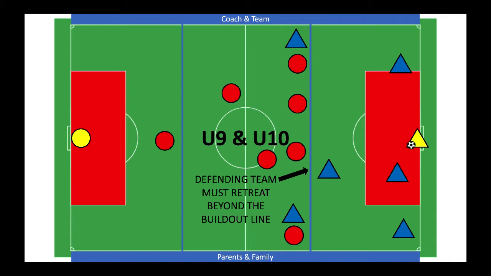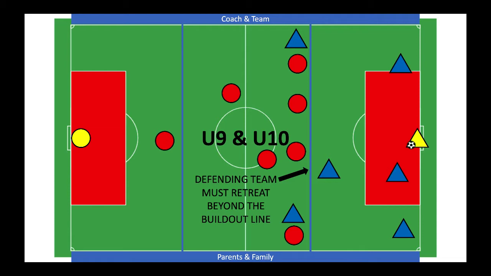Again, U9, U10 coaches, do not stack up all your players on the build-out line. You are not doing yourself any favors. You can place your players anywhere behind that build-out line. Spread some out on each side of the field. That's going to force the opposing team to spread out more. And you can be inside the penalty box or in the goal box area as well for goal kicks.